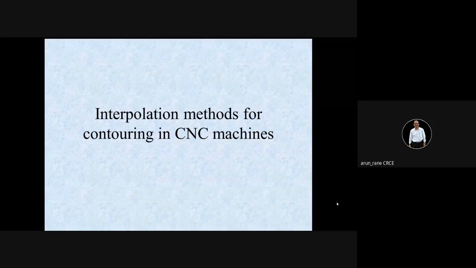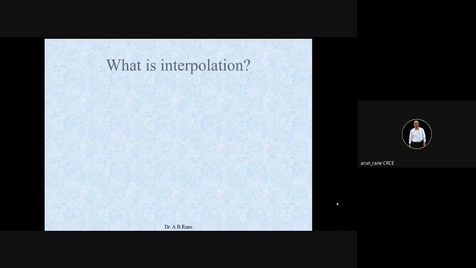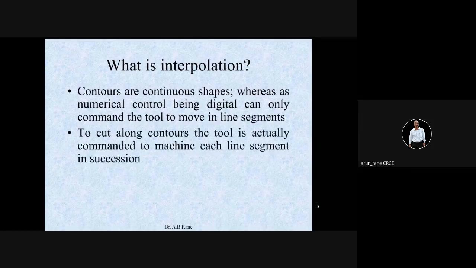First was point to point interpolation, then second was straight line interpolation, and third was three axis interpolation. Interpolation means moving the axis with definite velocity, either independently or simultaneously. So the definition is here.